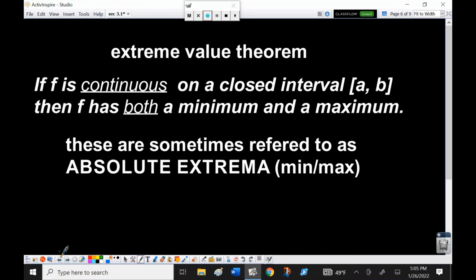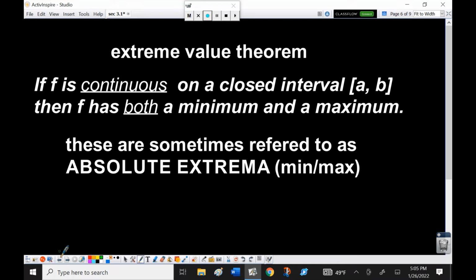Now, ladies and gentlemen, we're going to look at a theorem called the extreme value theorem. The extreme value theorem states if f is continuous on a closed interval a to b, then f has both a minimum and a maximum value. A closed interval, ladies and gentlemen, is an interval on which the function is continuous.